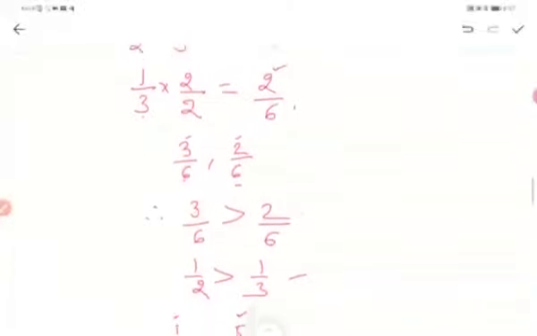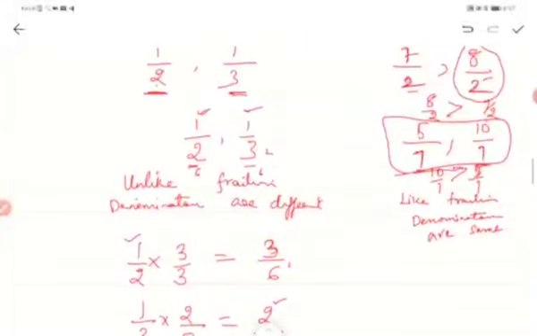So in the above example, both numerators are equal. Either you can do like that, or directly you can compare when both the numerators are equal. Now go for the comparison of denominators. The denominator which is greater gives the lesser number.